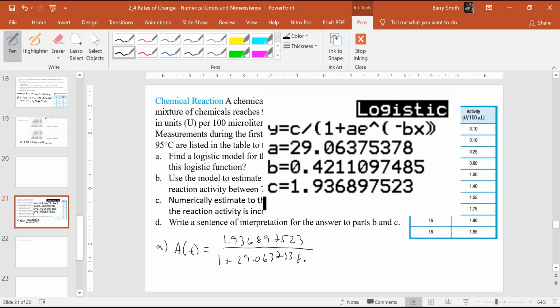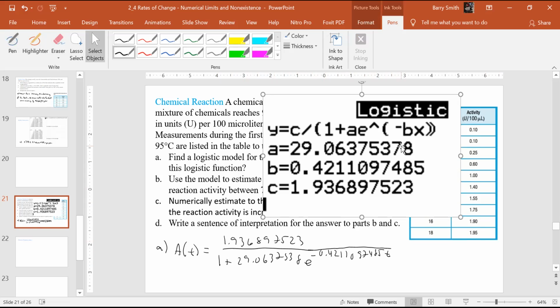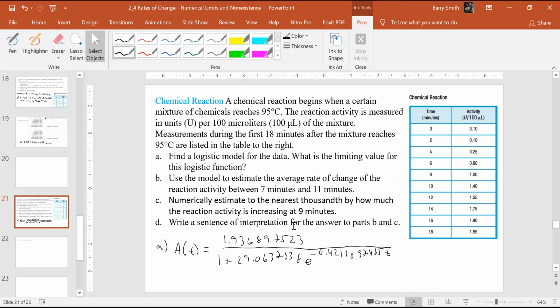And then we have e to the negative. Now b is 0.4211097485. And then it's times t. And that's all in the denominator. And so that is our function. So now let's click on that and let's delete that. So now we have our function.